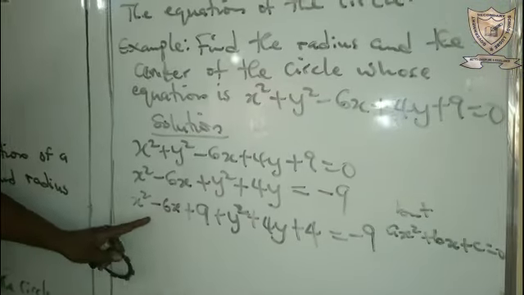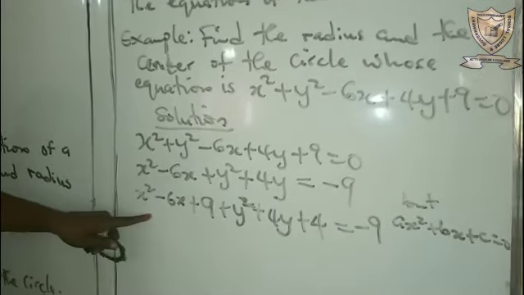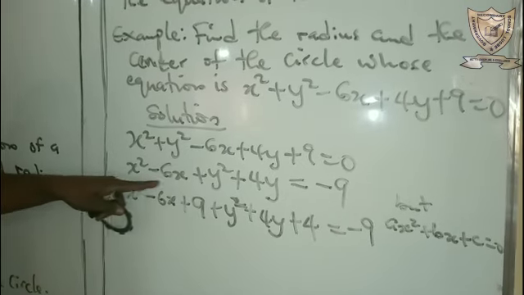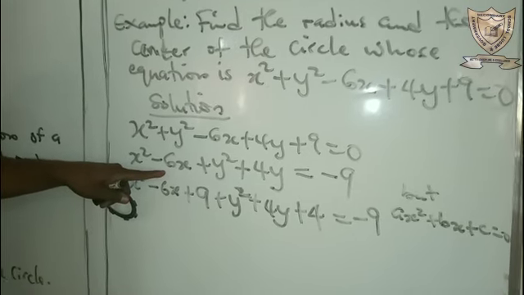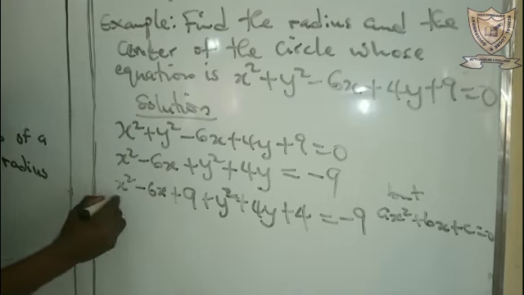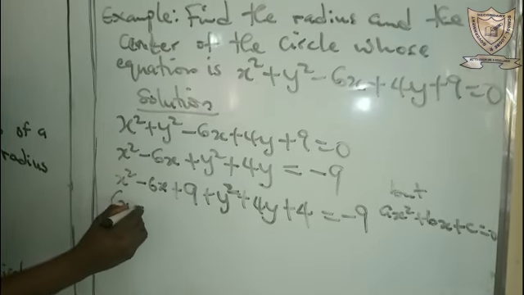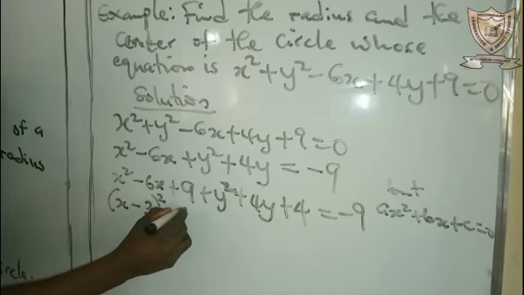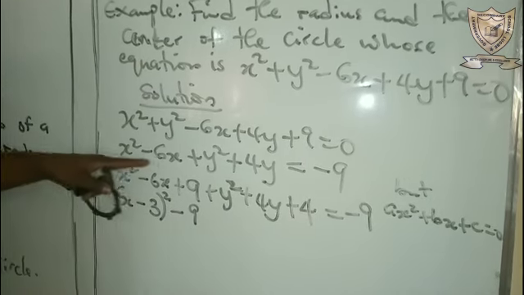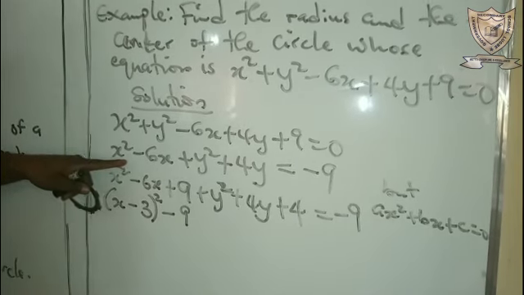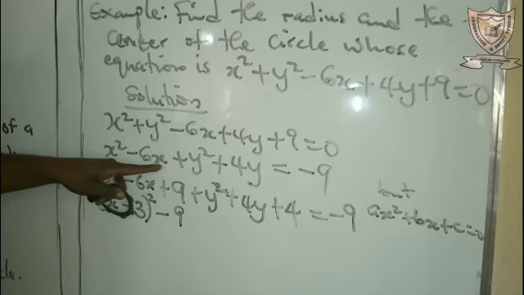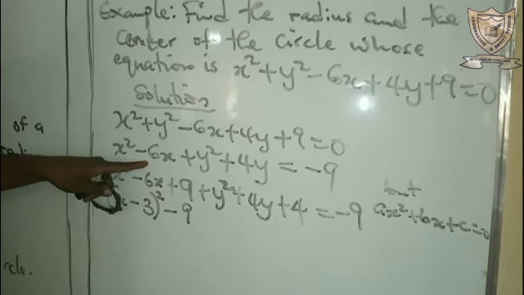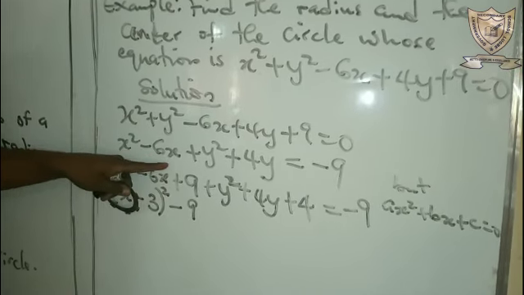Now, we want to come back to the situation where (x minus 3) squared minus 9 comes back to x squared minus 6x, because if we open it up it gives us back x squared minus 6x.